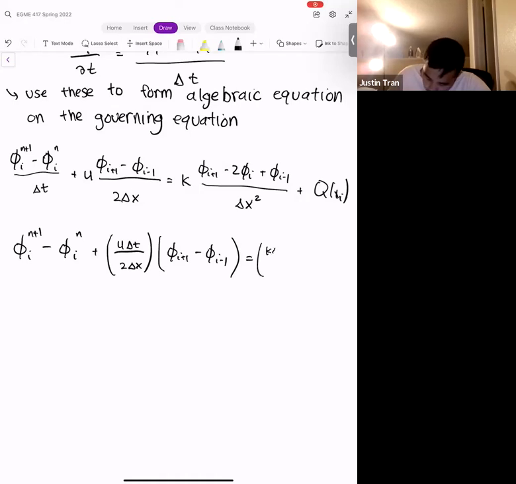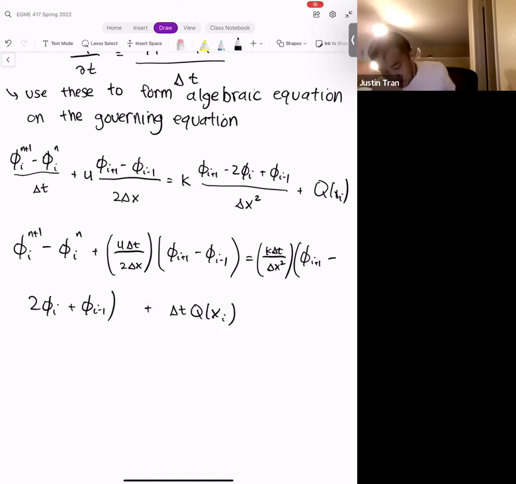So we have k delta t divided by delta x squared, okay, phi i plus 1 minus 2 phi i plus phi i minus 1, okay, plus q of xi multiplied by delta t, okay?